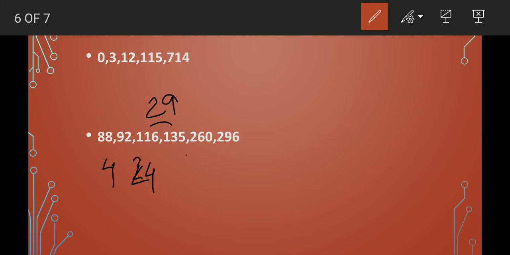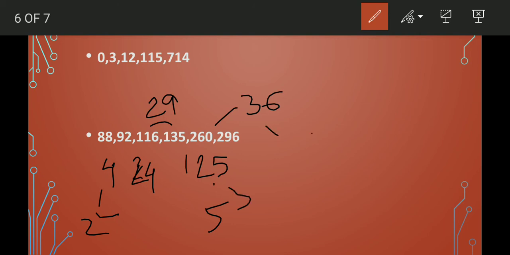For the next it's 125, and for the last case it's 36. So what should be the pattern? It is 2 square, it is 5 cube, it is 6 square. So after 2 square it should be 3 cube, that is 27 should be there.